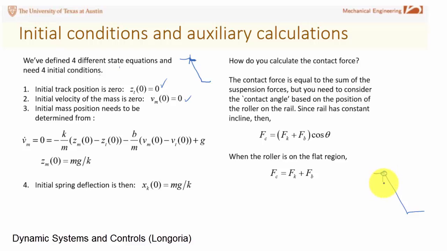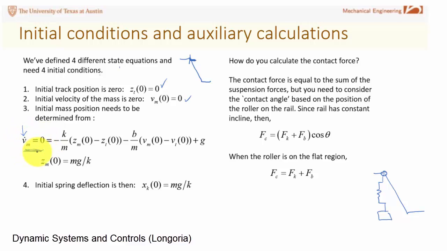So we want to find where this mass is relative to that, and that's going to have some deflection due to the weight. The way we can find that is by going into the original differential equation for v dot m and setting that equal to 0, because we're going to say that initially at time equal to 0, the acceleration is 0.